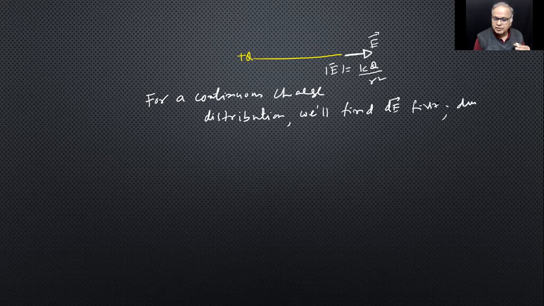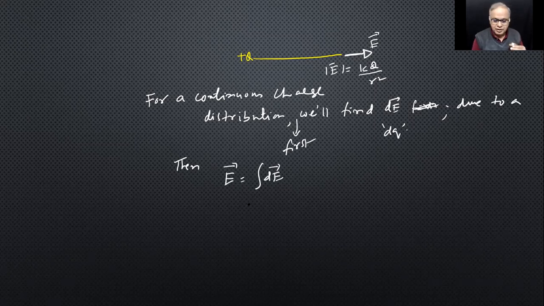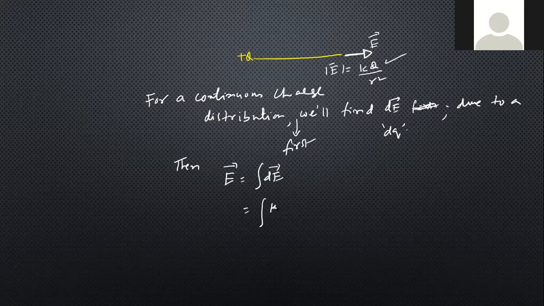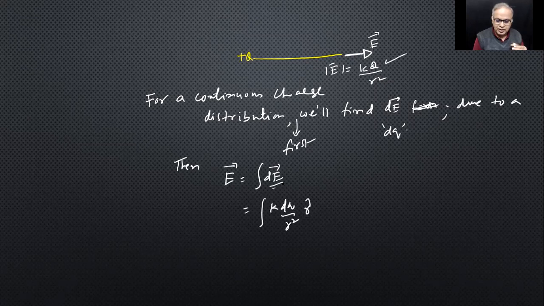So first we'll find dE due to dq. Then E due to the whole charge distribution is the integral of dE, right? And dE will be from this point charge formula, k dq by r square r cap. Since I wrote a vector here, I'm writing the vector here.